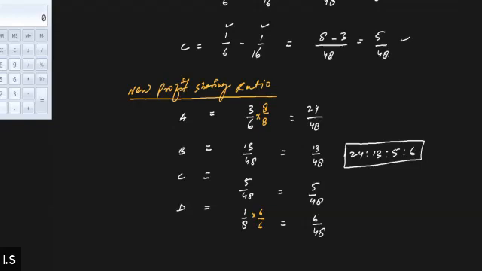Sir, you multiplied 8/8 to equalize the denominator to 48, right? Yeah. In order to equalize, we need to equalize the bases.